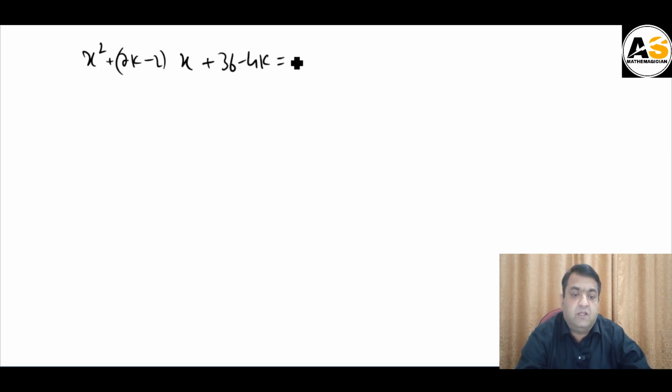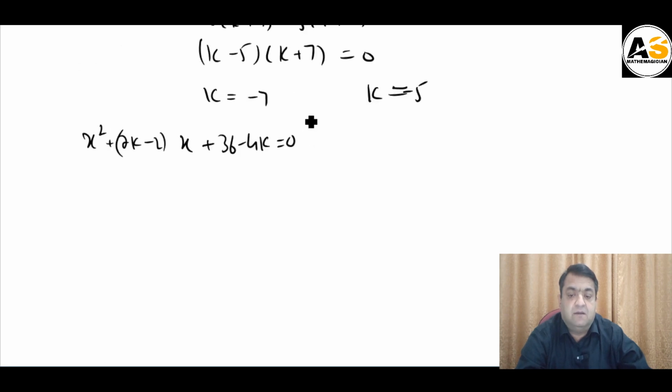So when we put the value of k equal to minus 7, what will this equation be? x square minus 16x plus, I guess it will be 36 plus 28, 64.